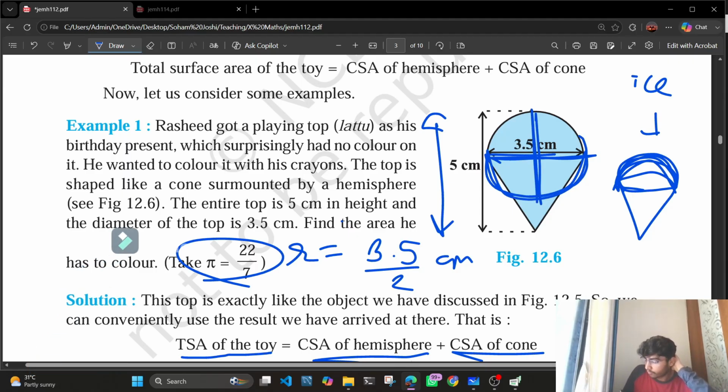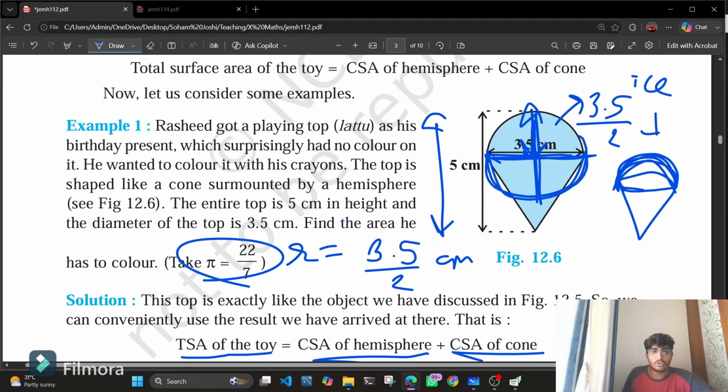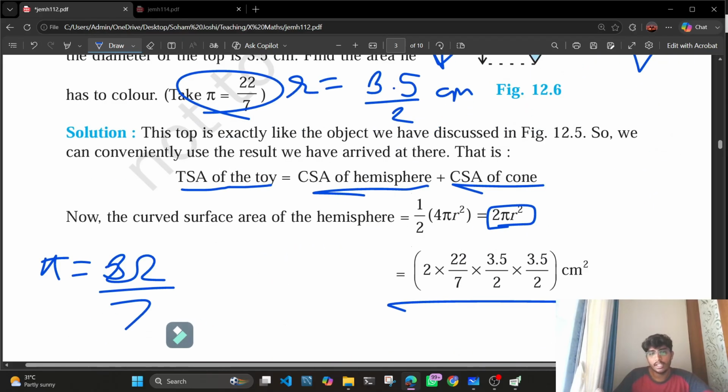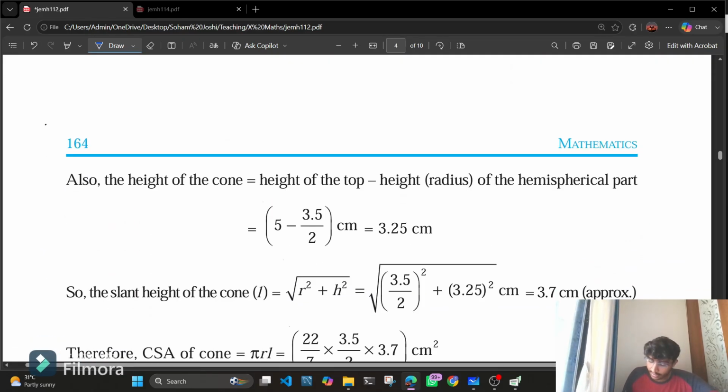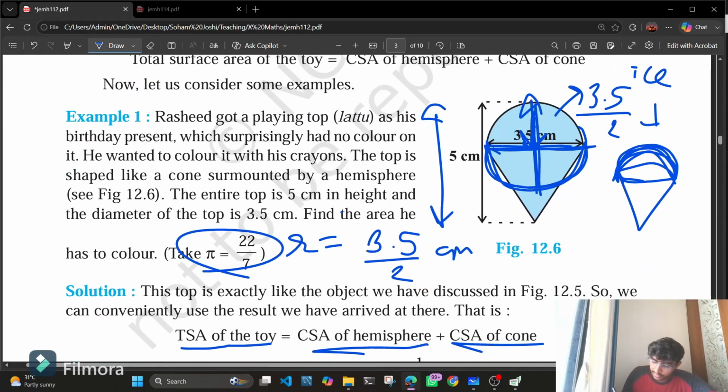But for the hemisphere, the height would be this much only, that is 3.5 divided by 2, the radius of the hemisphere. So the height of the hemisphere can be taken as the radius of the sphere or the hemisphere.